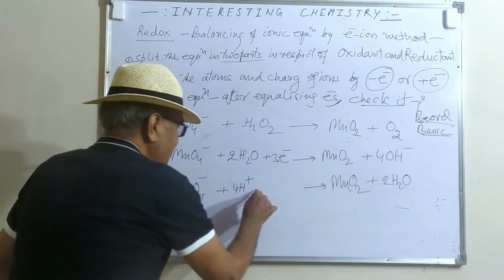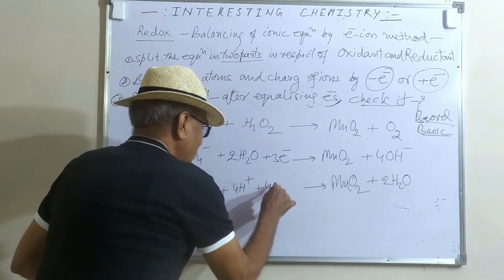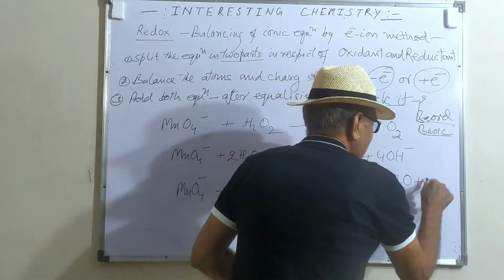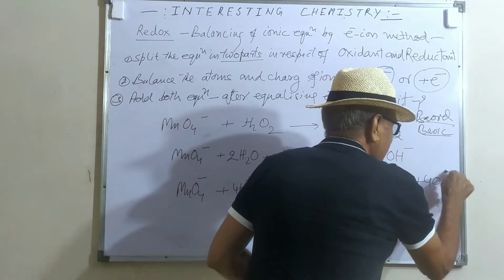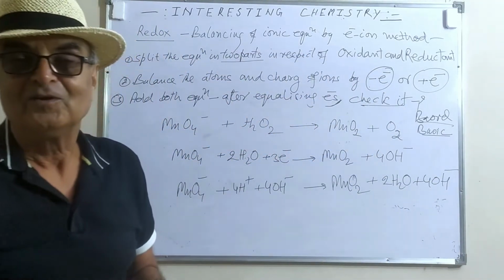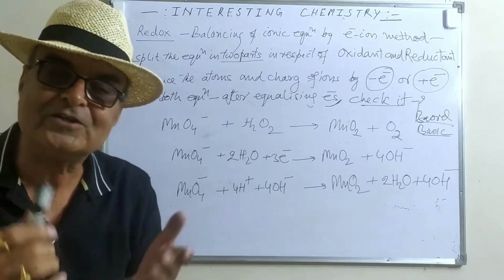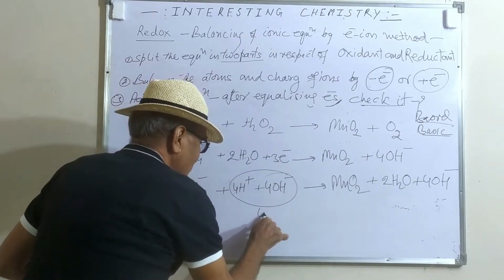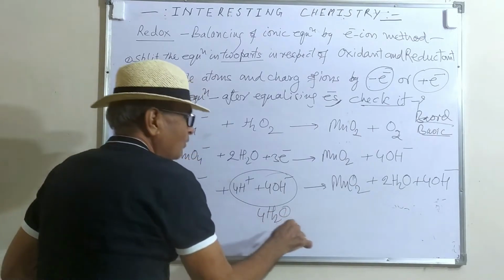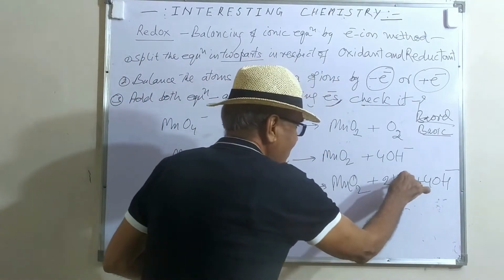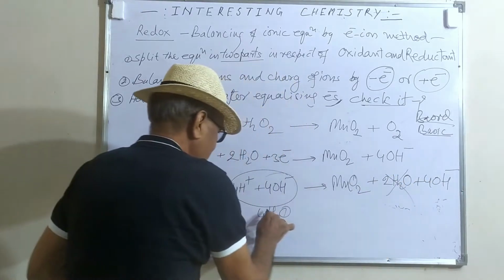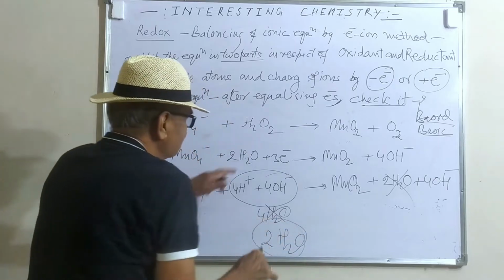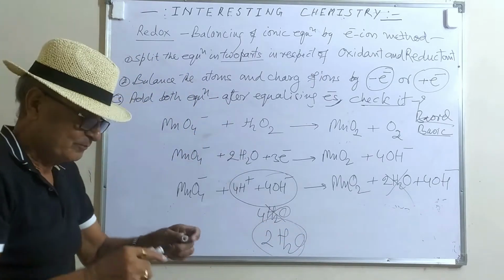Add 4OH- on both sides. Now this will be 4H2O. Now cancel the 2H2O with the 4H2O. This is the resultant 2H2O you will find here in this way.